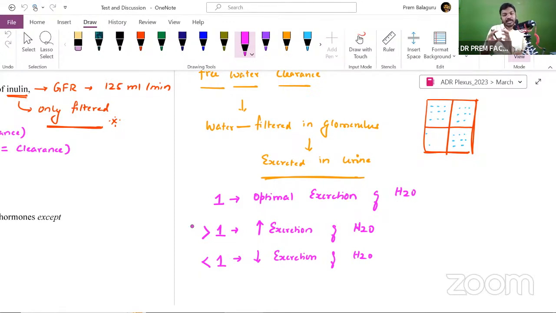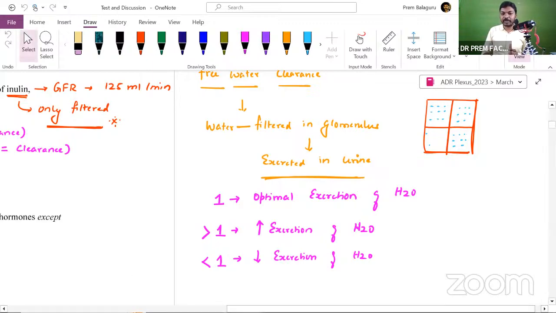And we see the value getting closer to 1 if the excretion of water is optimal or normal. If the value increases, it means the subject is excreting more water. If the value of free water clearance is getting lesser and lesser, it means the subject is excreting lesser water. So that's the way free water clearance has to be understood.